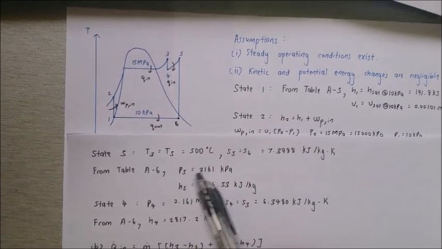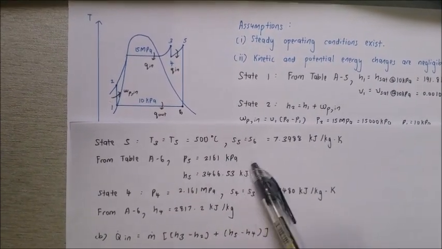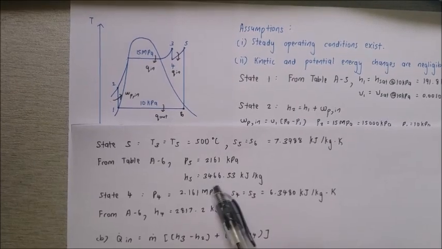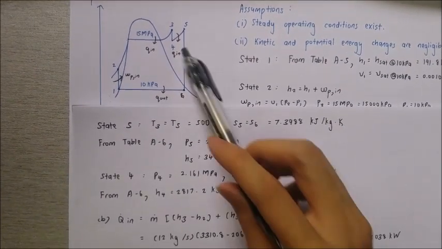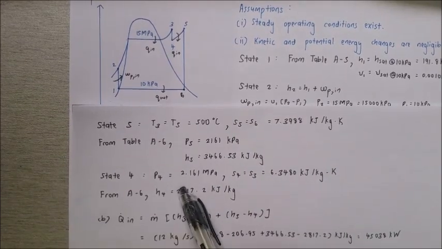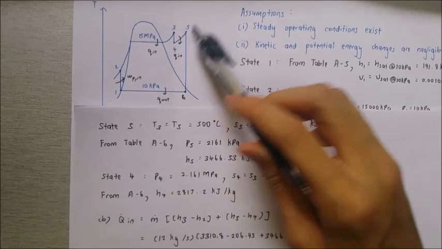From table A6, we can find these values. P5 equals 2,161 kilopascal, and H5 equals 3,466.53 kilojoule per kilogram.